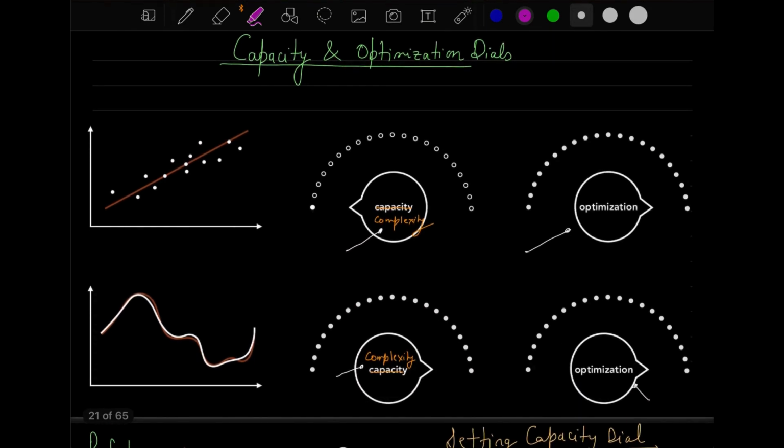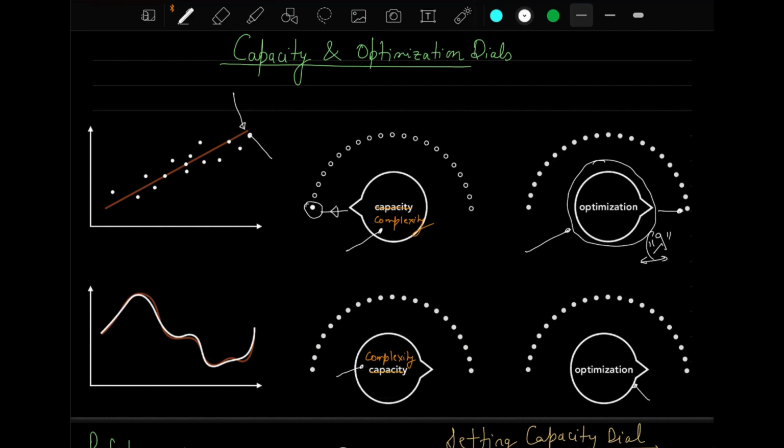In this particular case, when the complexity dial is at the minimum, what you will expect from the model is a straight line, which is given over here. And please note that I have set the optimization dial to the extreme end. That is, I am optimizing it to the full epochs. I am not stopping at a particular epoch, and the regularization parameter that I use, I have selected in such a way that it will generate this particular linear model.